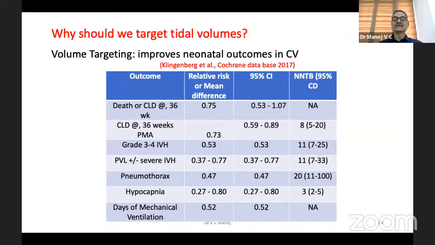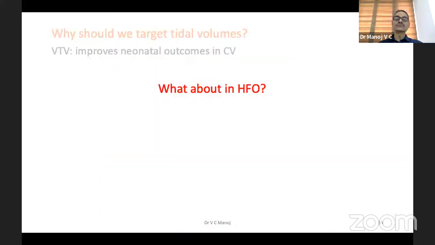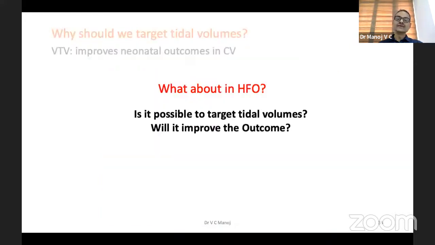You have the recent Cochrane database that has looked at it very extensively. What about in HFO? Is it feasible to target tidal volume, and will it improve outcome if you target? These are the 2 questions we will cover in the last part of this lecture.